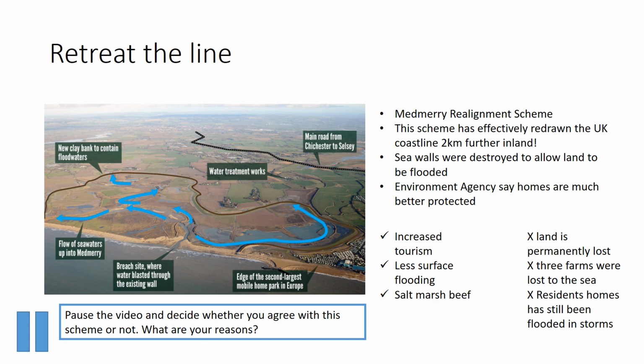And even though the Environment Agency said that homes would be better protected, some residents in those 2014 storms still experienced flooding. So pause the video here and look back over the information.